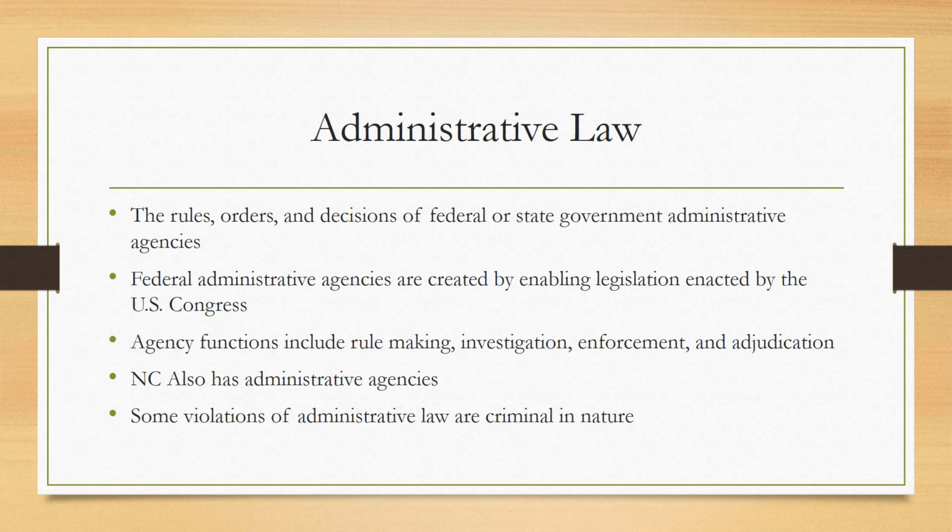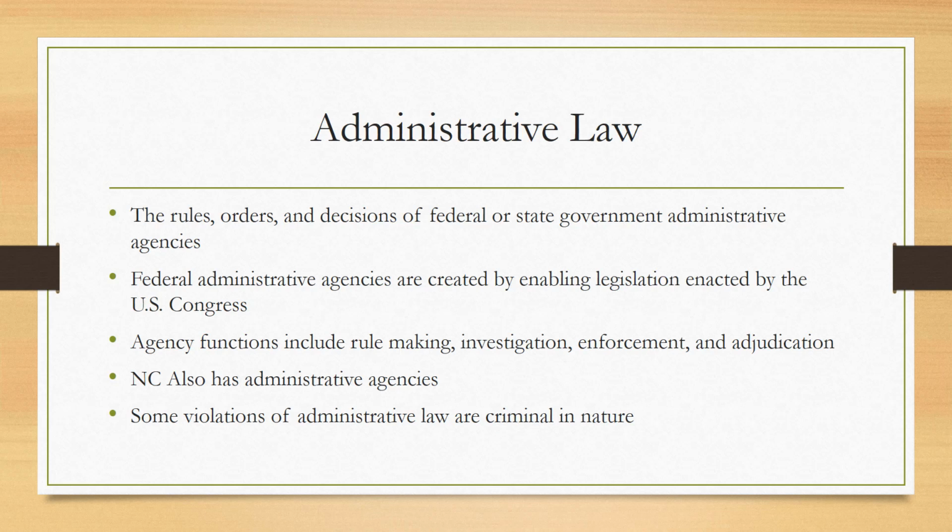Administrative law is something people don't think about a lot, but is in fact probably the most common law that's made today. These are rules or orders and decisions by federal or state administrative agencies, and they have the effect of law. We call it administrative law. What happens is that the Congress of the United States passes an enabling statute to create an administrative agency.